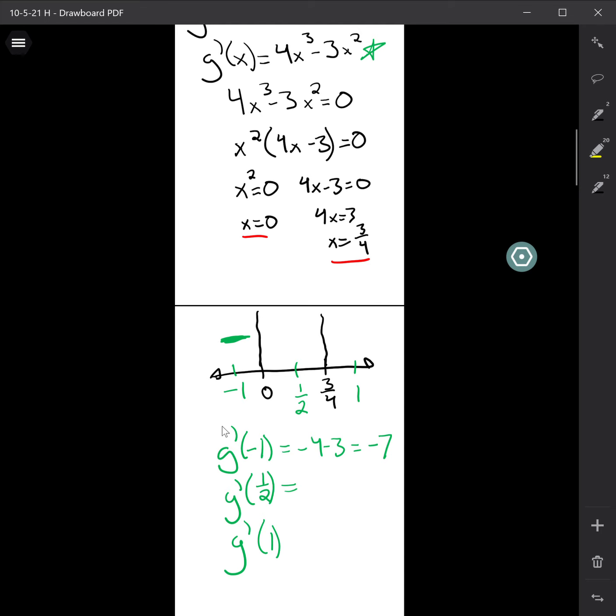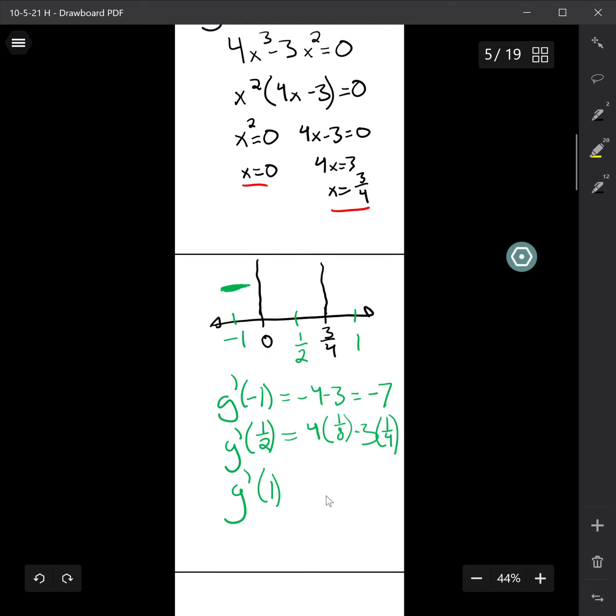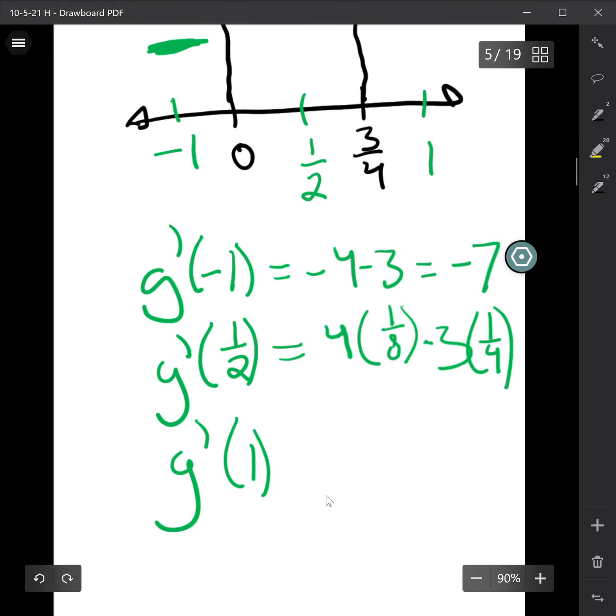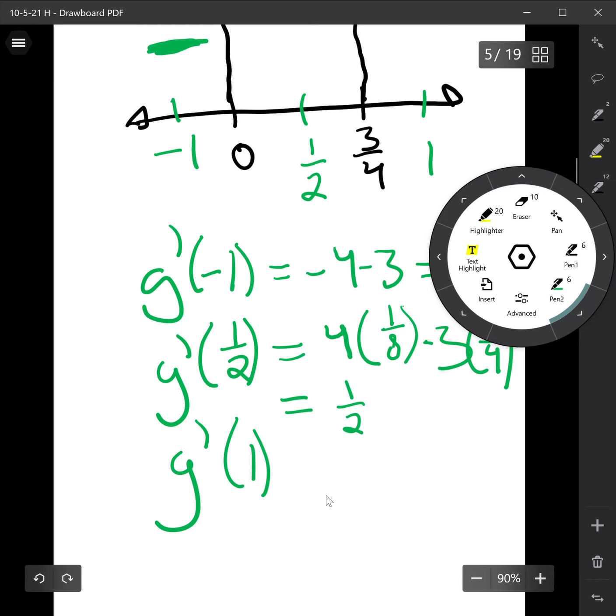When I plug in 1/2, this one I gotta be a little more careful on. I'll get 4 times, well, 1/2 cubed is actually 1/8. And I'll do -3 times 1/2 squared, which is 1/4. Well, 4 times 1/8 is just literally 1/2. I'll move this down a little bit.